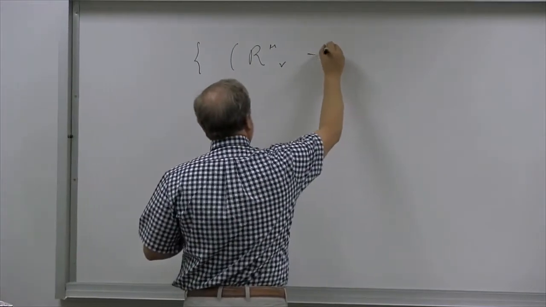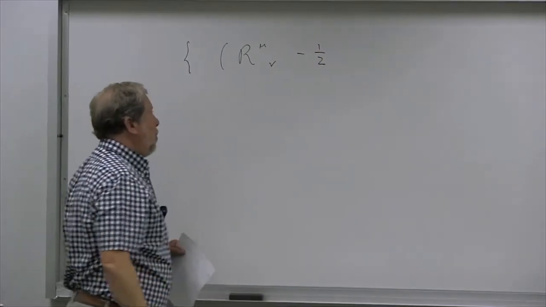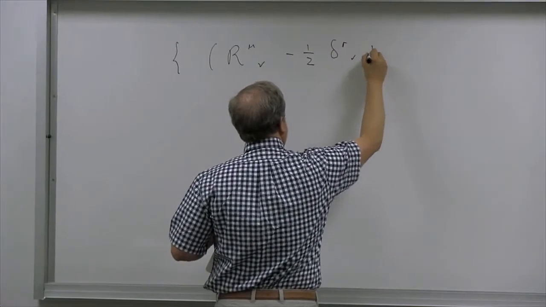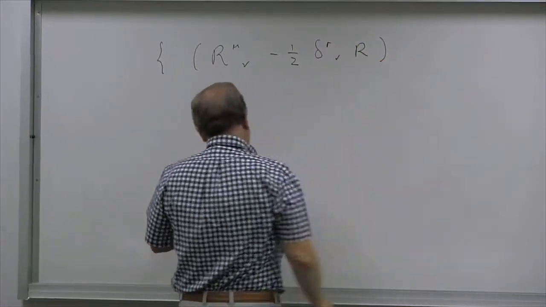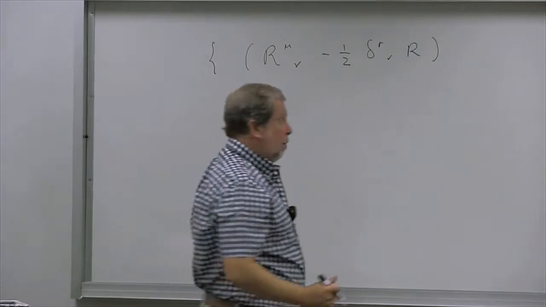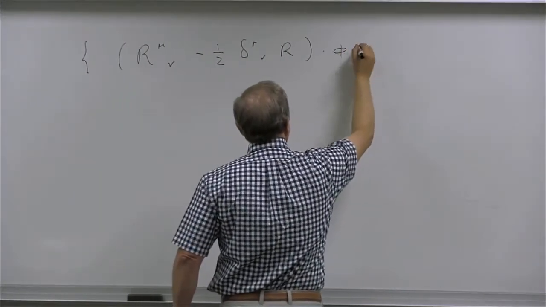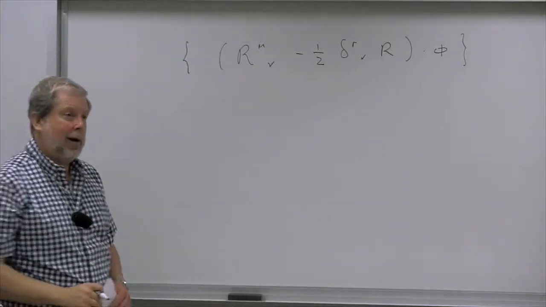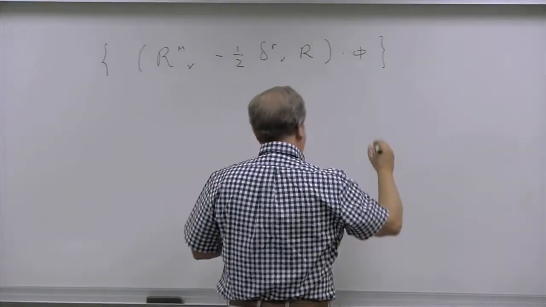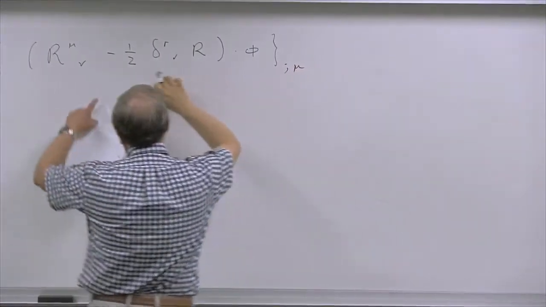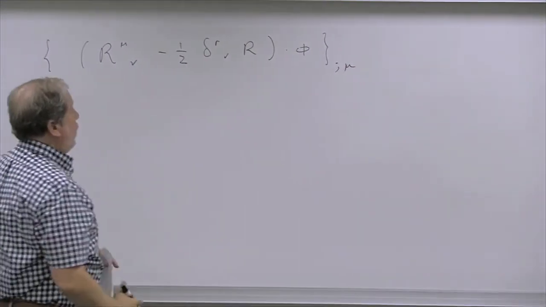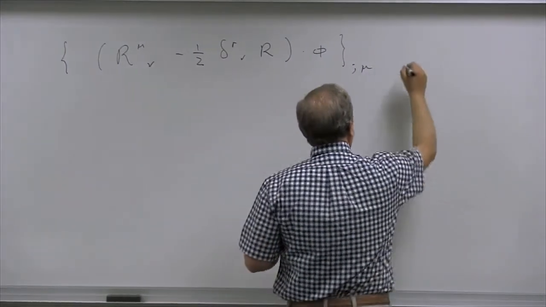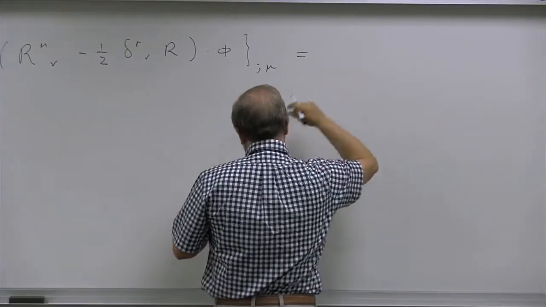It's equivalent, but I'm going to do it in this way. So R mu nu, one index up and one index down, minus delta mu nu times R, and then close parenthesis, and then, of course, multiplied by phi, right? And then close curly bracket, and now we do the derivative, right? This covariant derivative, which we know is 0 for this piece here, right? So it's the covariant divergence with respect to mu, right? And this is equal to the covariant divergence on the other side.